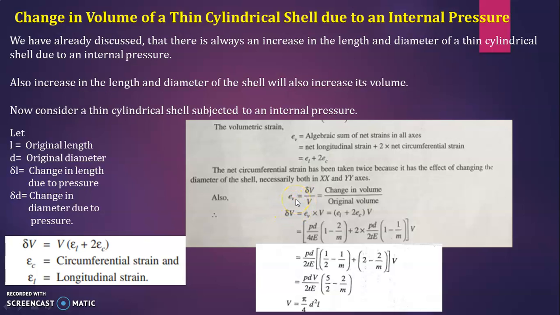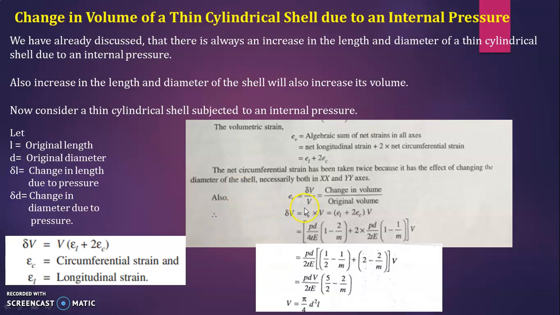We all know strain, in terms of length, is the change in the length divided by the original length, that is delta L divided by L. Similarly with respect to diameter, it is the change in the diameter divided by the original diameter.